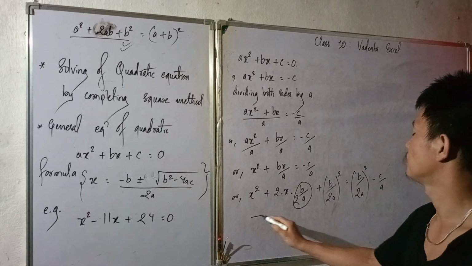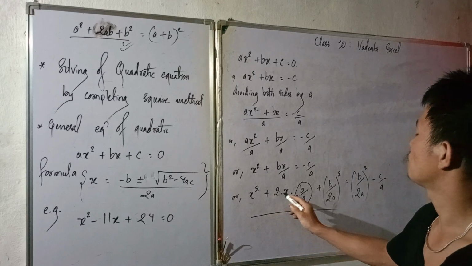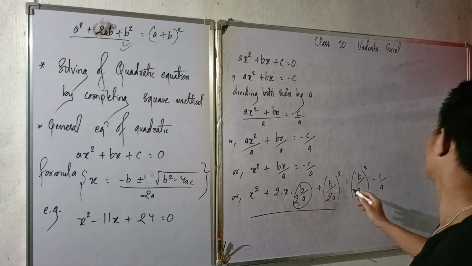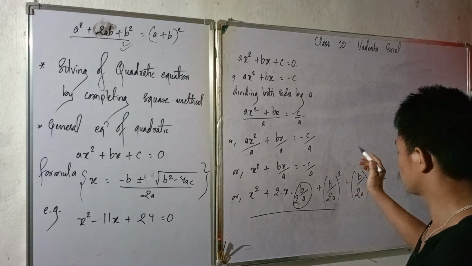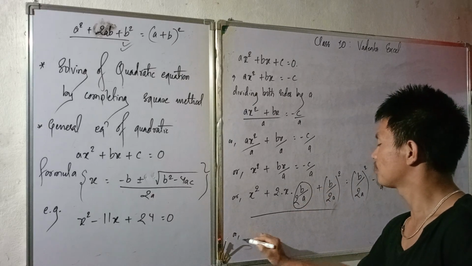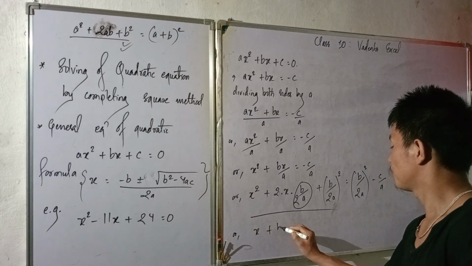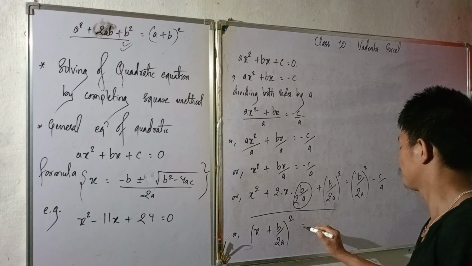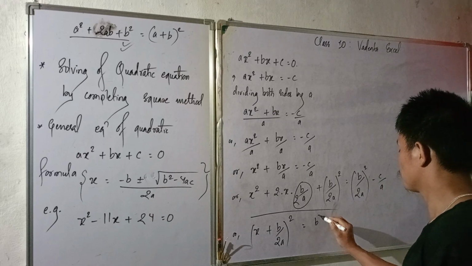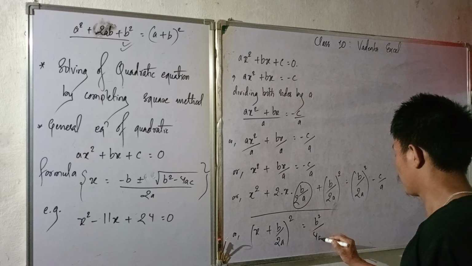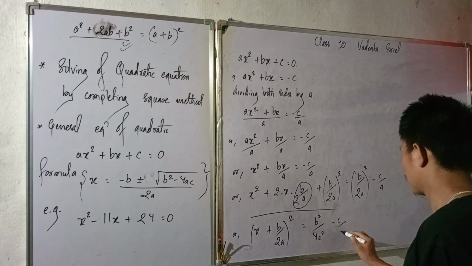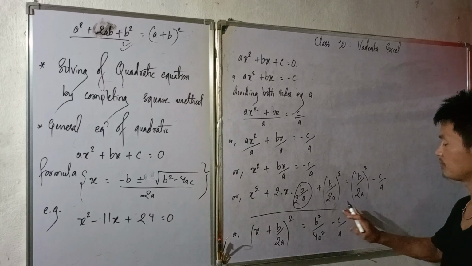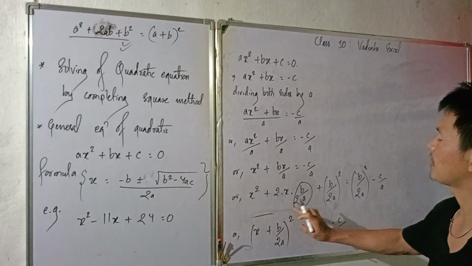Now this whole term becomes a square plus 2ab plus b square. Now you can write this as x plus b by 2a whole square, and the remaining you can write as b squared by 4a squared minus c by a. In the RHS you can simplify by taking the LCM.